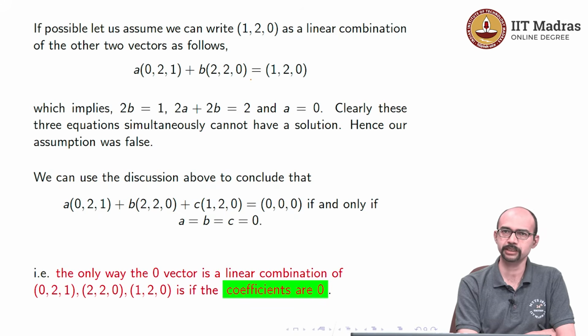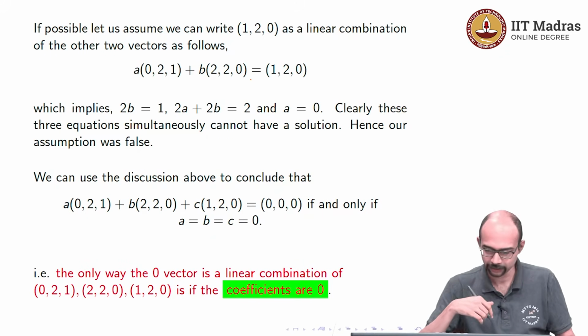Yeah, so in the previous examples where those vectors were on the same plane, we could write 0 as a linear combination of those three vectors with non-zero coefficients. But here there is no way of doing that. The only way of writing 0 is if your coefficients are 0. Okay, and that is the trivial way, right? Because if the coefficients are 0, we get the 0 vector.